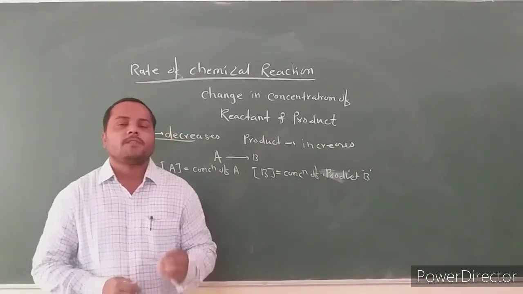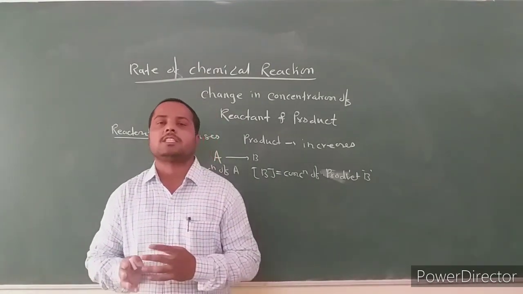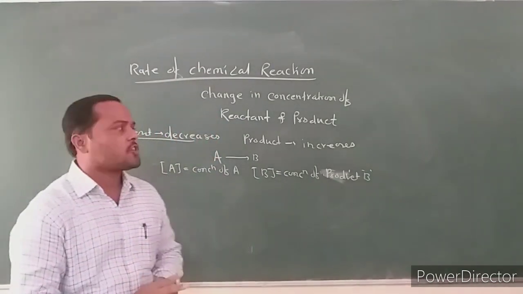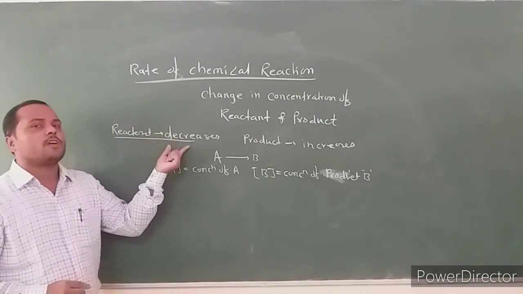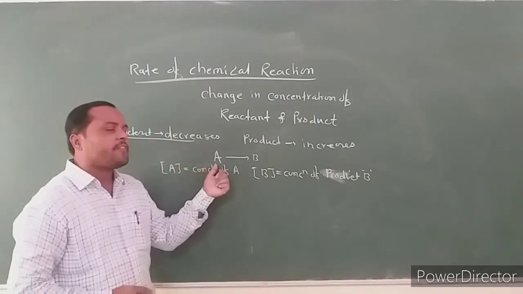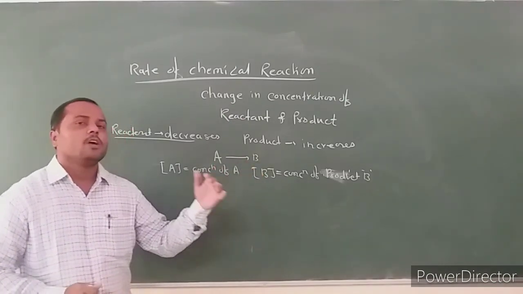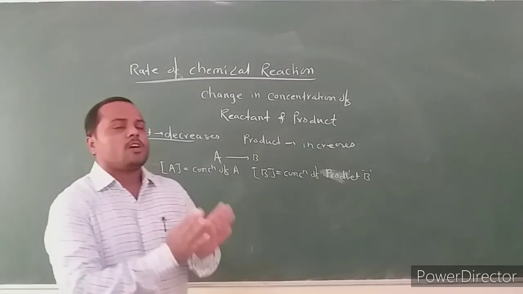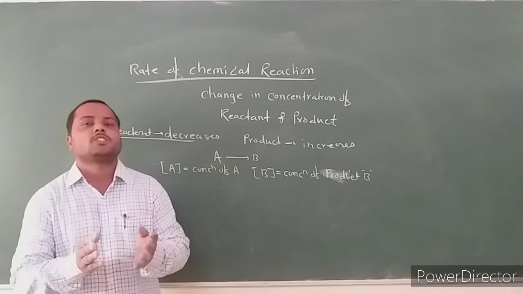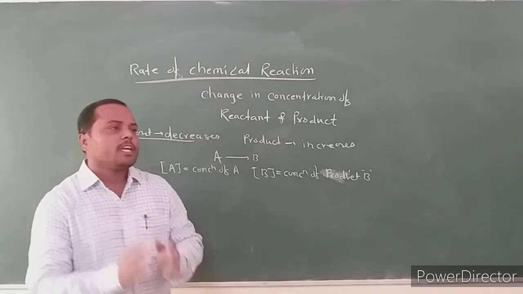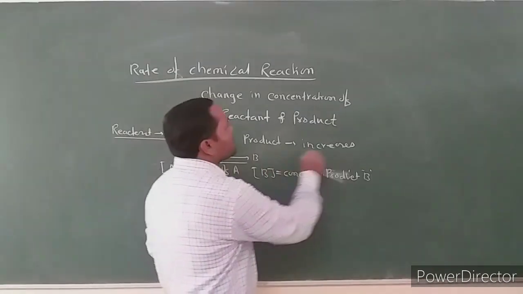On the basis of decreasing concentration of reactant and increasing concentration of product, what is the definition of rate of reaction? How to represent the rate of reaction for this chemical reaction?